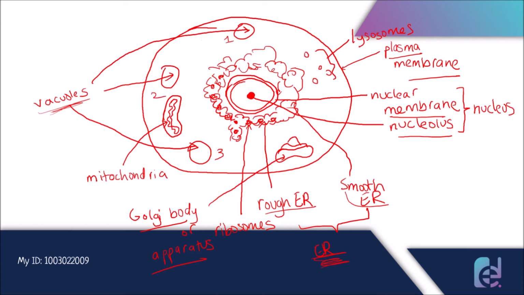We have more than one vacuole, but they're really small in size. We have mitochondria. Sometimes there can also be 2 or 3 mitochondria, so we can also make another one if needed. There can be multiple mitochondria. There's one Golgi body or Golgi apparatus, and there are lysosomes inside an animal cell.